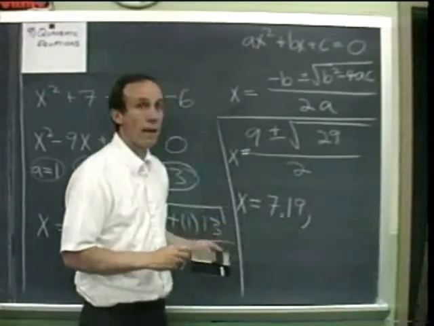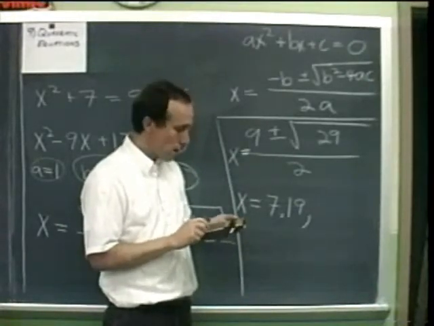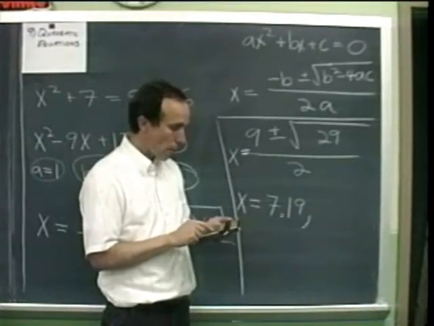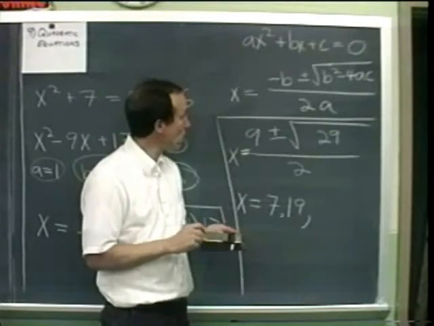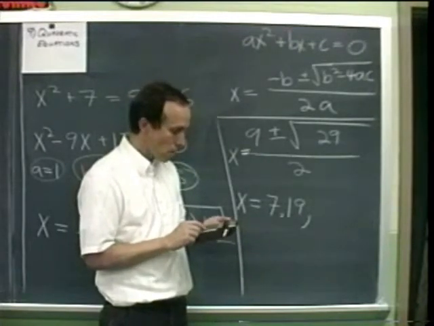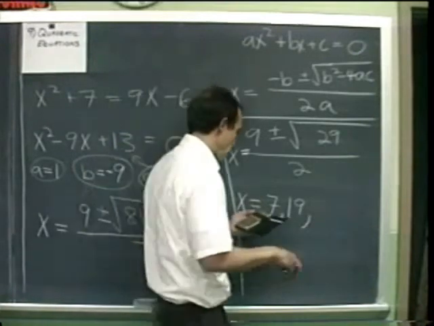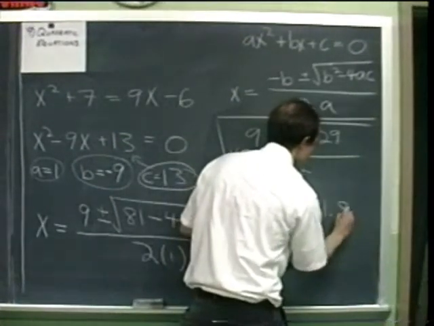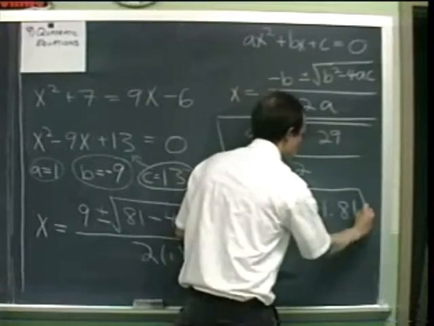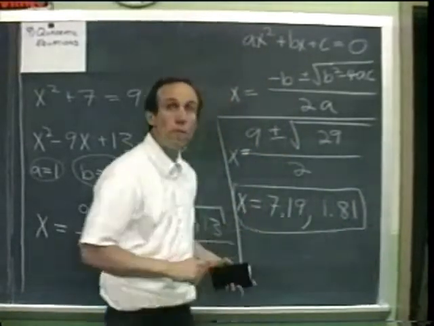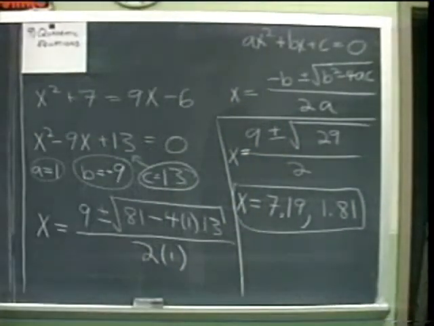And then I still got that value in there, so I go 9 minus, memory recall, that same value, the square root of 29, equals, divided by 2, equals 1.81. For my two values of x.